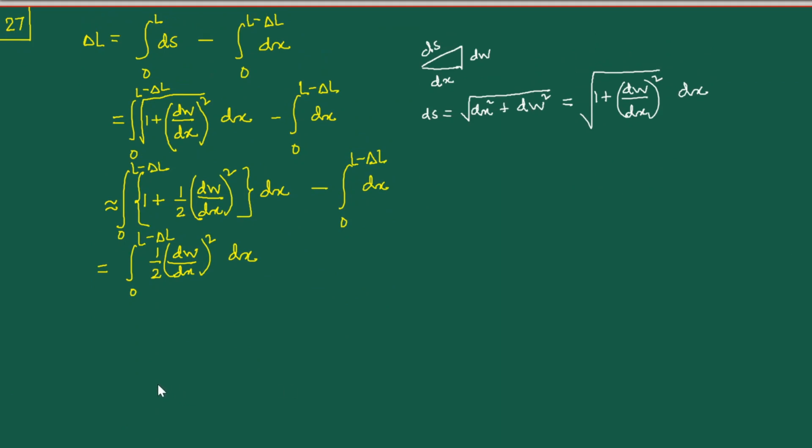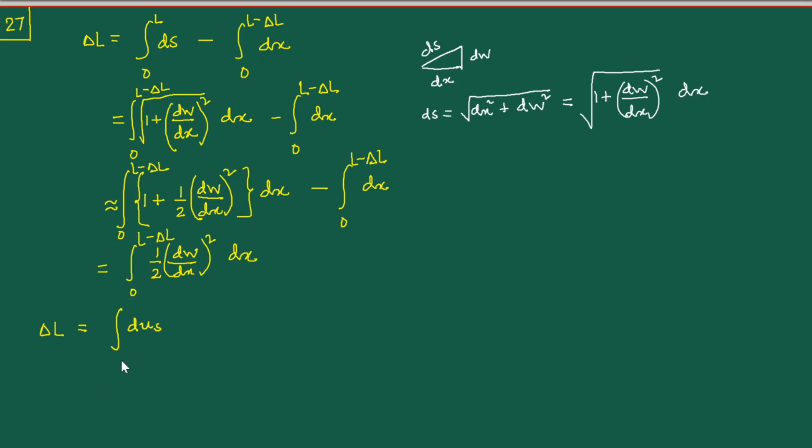So again, we are going to write this delta L and carry out a little trick with it. We are going to write this delta L not in terms of the dx or the ds anymore. Rather, we are going to write this in terms of the displacement variable US. Okay, so how can we do that?